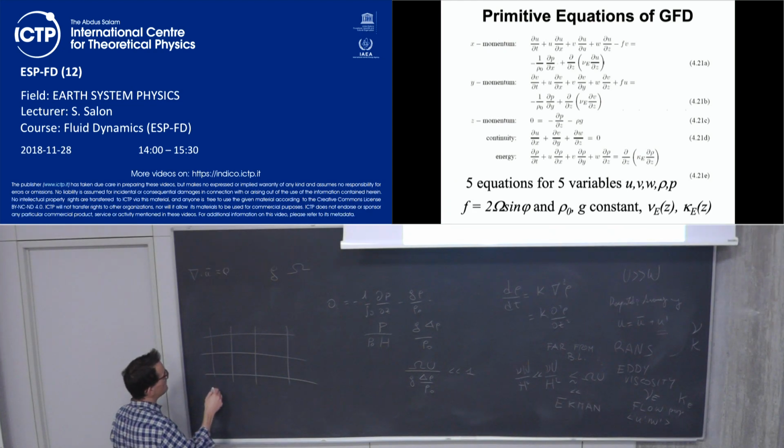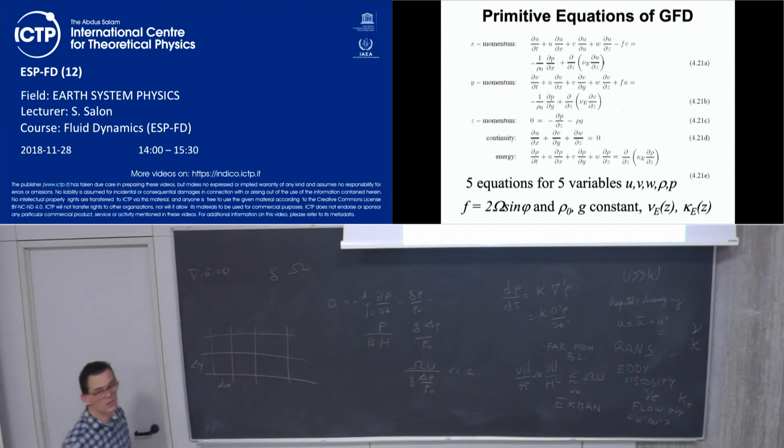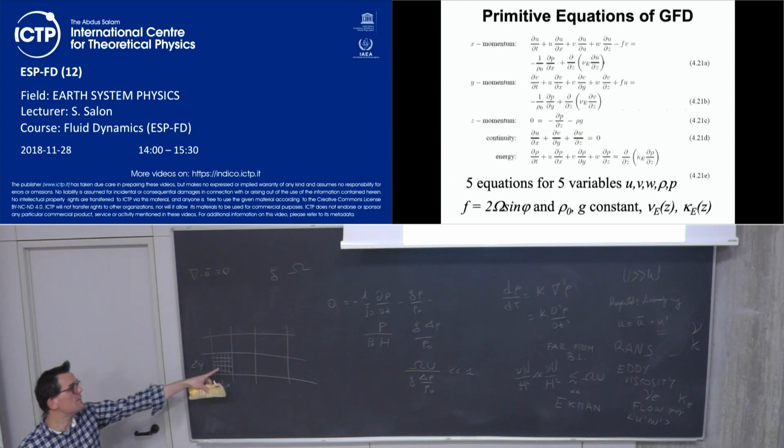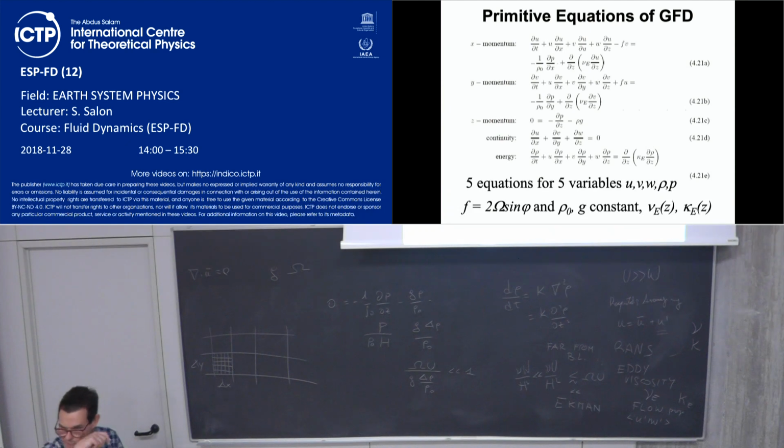So we cannot represent reality unless we reduce as much as possible the size delta x, delta y of the computational grid. But of course, if you use finer grids, you will have many more points where to solve your equation, which will need more computational power.